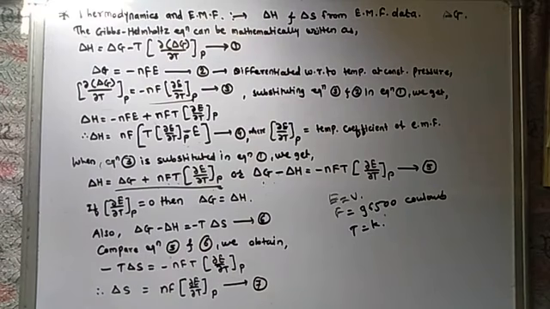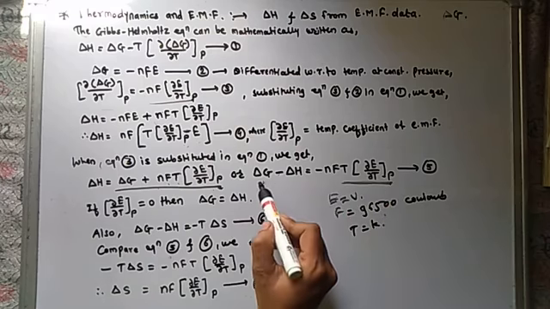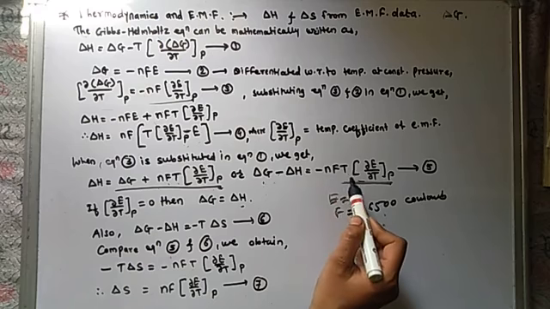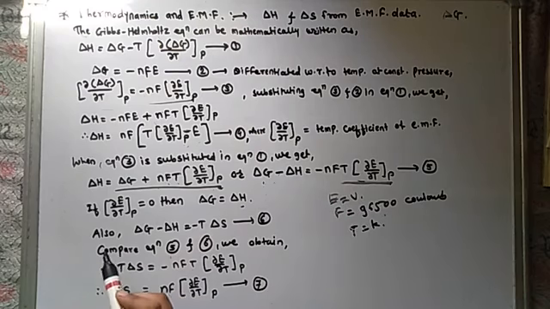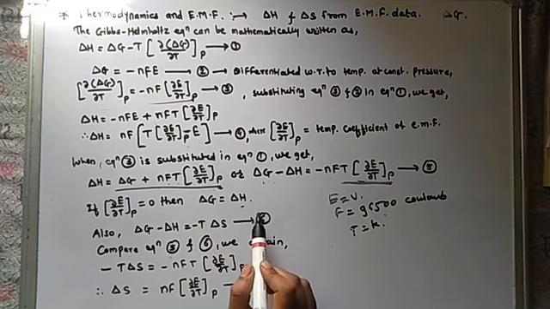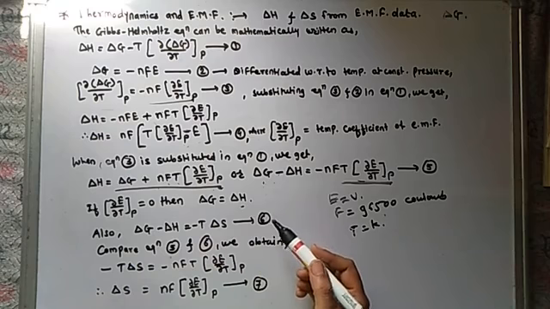If we put the value of ∂E/∂T at constant P, that is the temperature coefficient of EMF, equal to 0, then we obtain delta G equal to delta H, since 0 multiplied by minus nFT gives 0. So when the temperature coefficient of EMF of the reaction is 0, the change in free energy of the electrochemical reaction is equal to the change in enthalpy of the system.